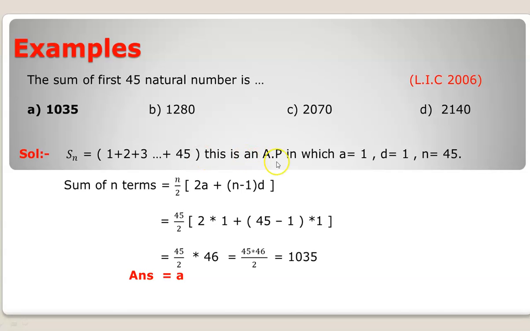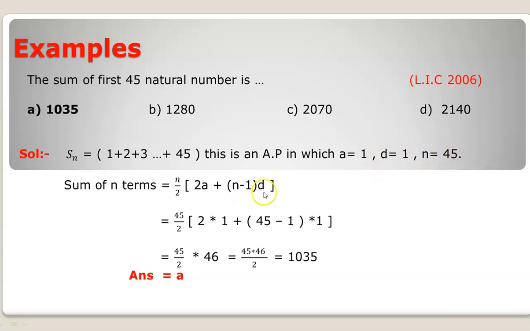This is an arithmetic progression in which a is the first term, d is the difference between all these numbers, n is the nth term, that is 45. Sum of n terms is equal to, this is the formula of arithmetic progression, n upon 2 into 2a plus n minus 1 into d.